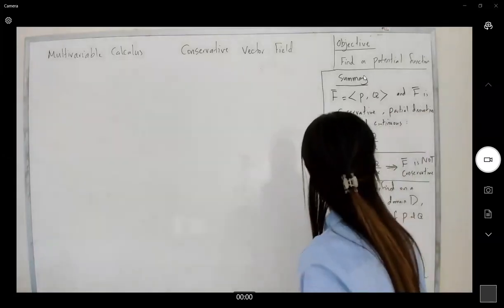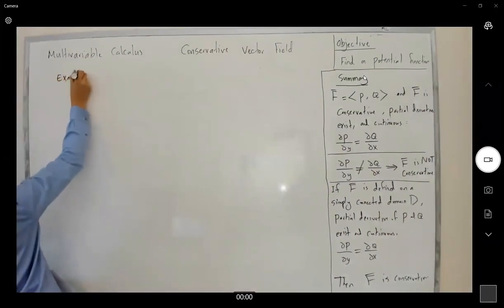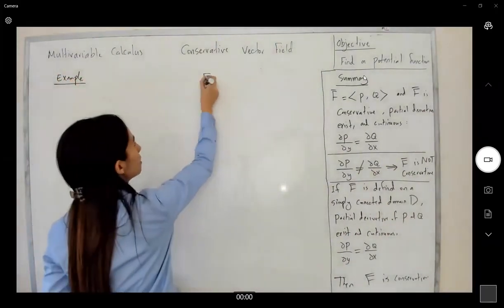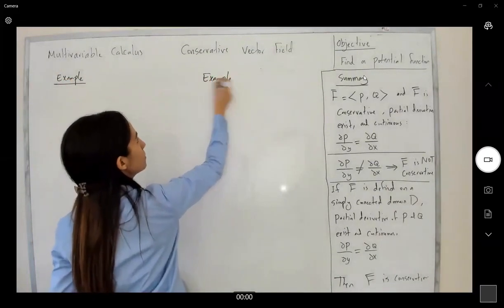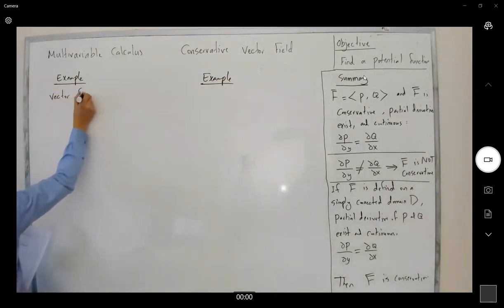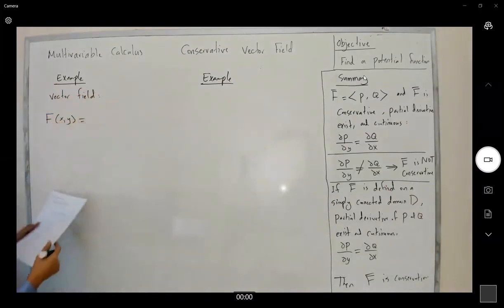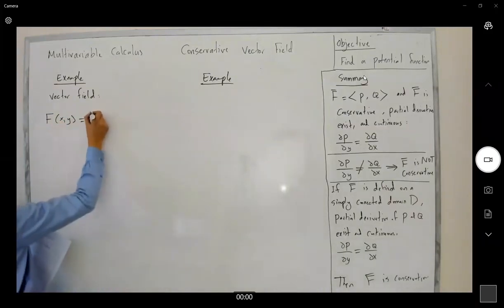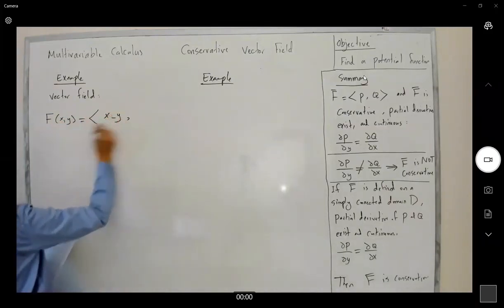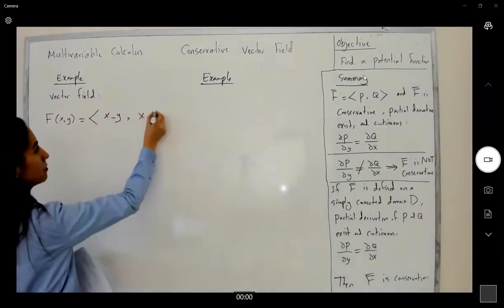Let's go over some examples to feel more comfortable about this. I'm going to write down these two examples next to each other. The first example says, you have this vector function F of x and y, which is defined as x minus y, comma, x minus 2.